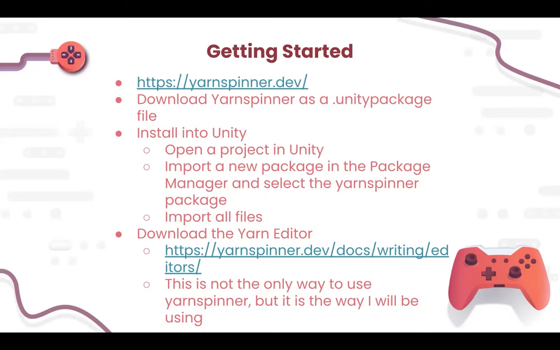You want to do a custom package there, and then you'll have to select the Yarn Spinner package file wherever you have that in your files, and click import all files. I will show you what that means once I get to Unity in a second if you don't know. And then also you're going to want to download the Yarn editor. This does work in the browser, but you can also download it as an app.